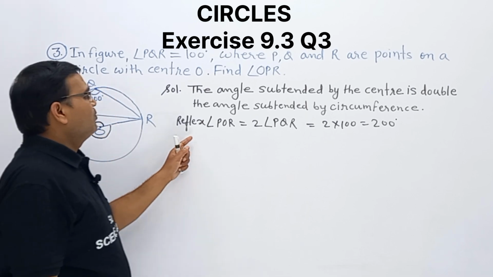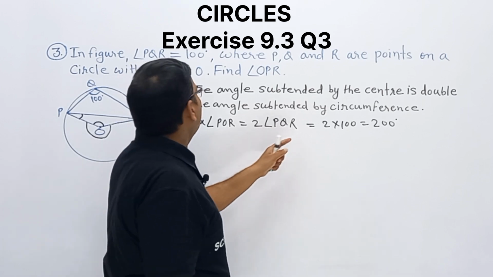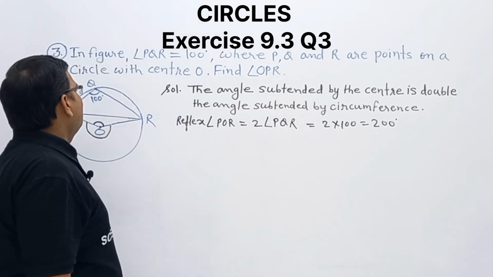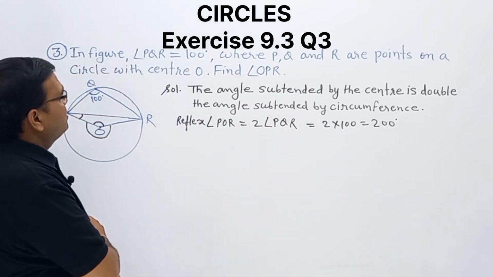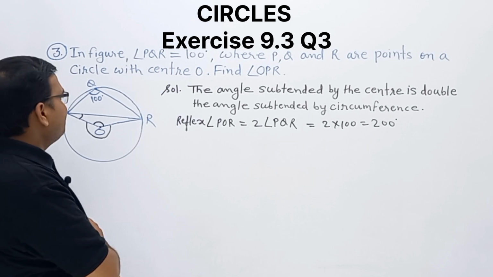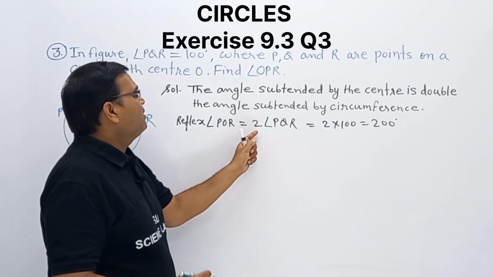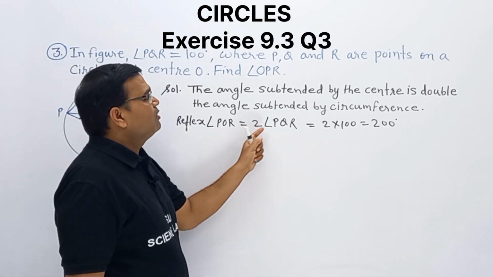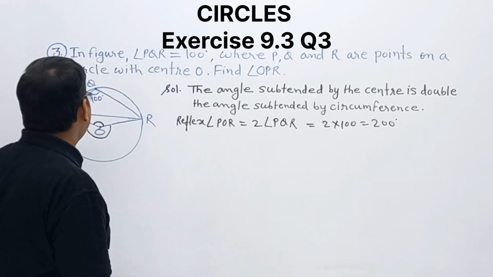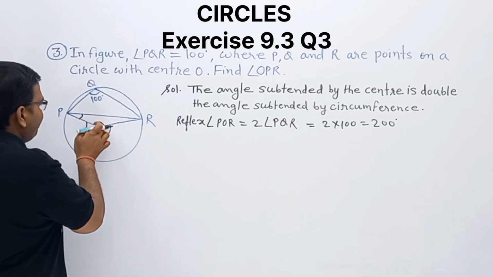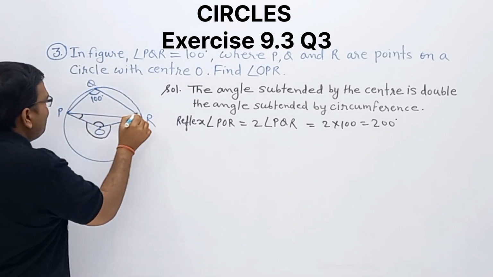Clear? So angle PQR is 100 degrees. We multiply by 2, and we get 200 degrees as the reflex of POR.